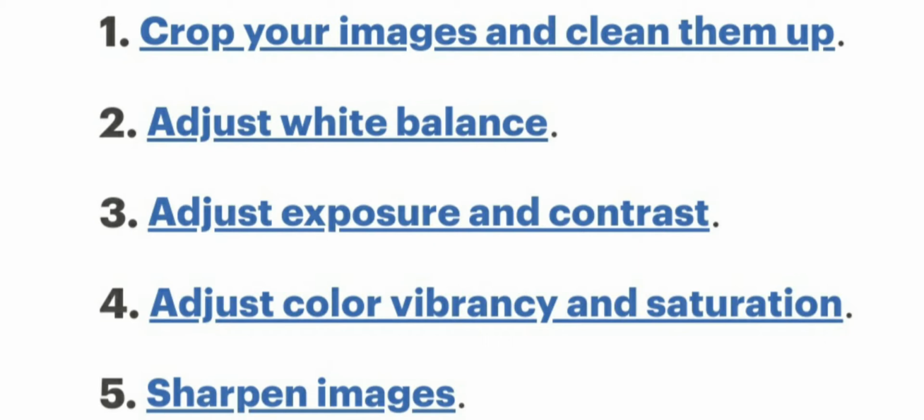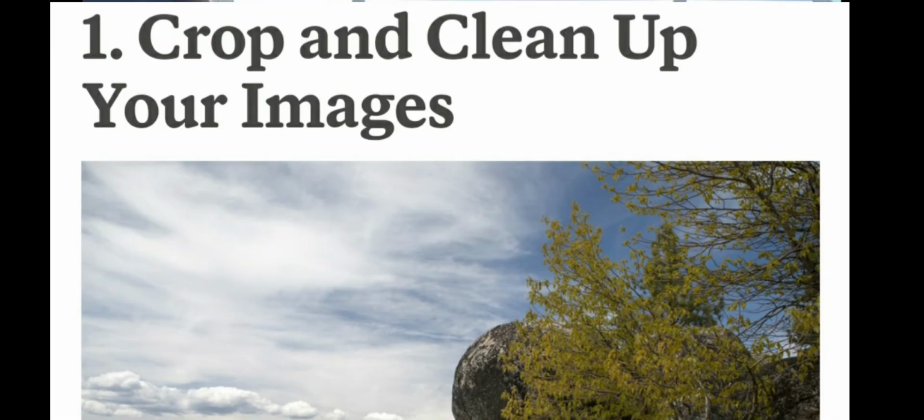Next, adjust exposure and contrast, then adjust color vibrancy and saturation, and the next step is to sharpen the images. After that, if everything is okay, you can finalize the image. In this chapter, one by one, we'll discuss the photo editing steps.